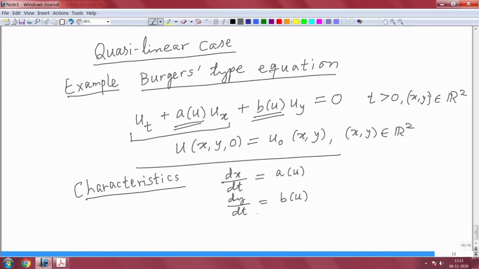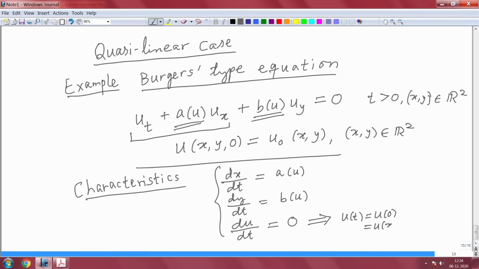Of course, since u itself is unknown, we cannot solve. Okay. So, that is how we adjoin that u also. In this case, you immediately see that du by dt along the characteristic is 0. Okay. So, this is very easy to solve. So, this is just u equal to, because it is a constant, u 0.